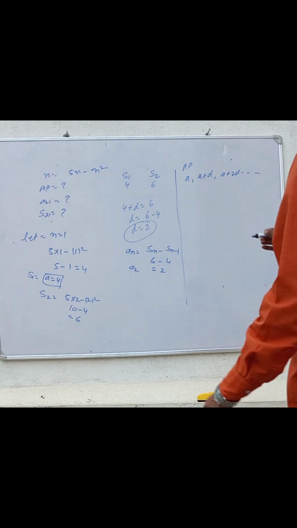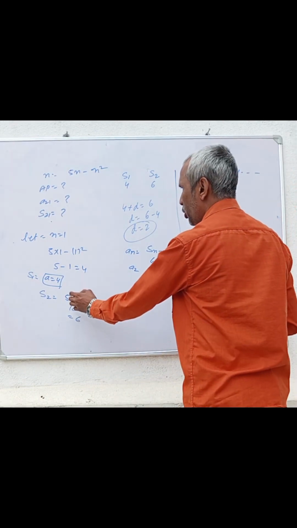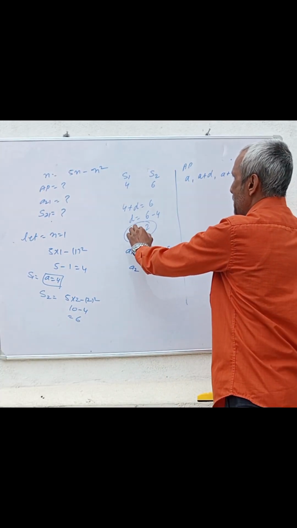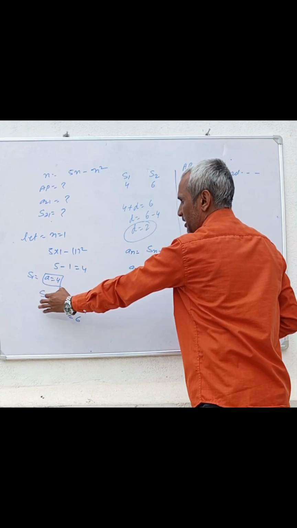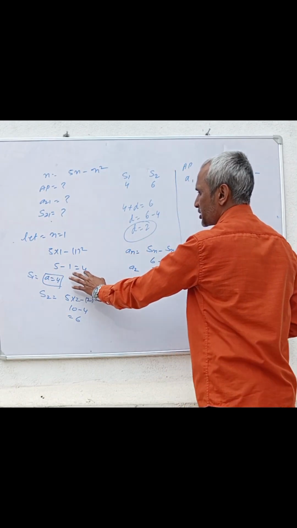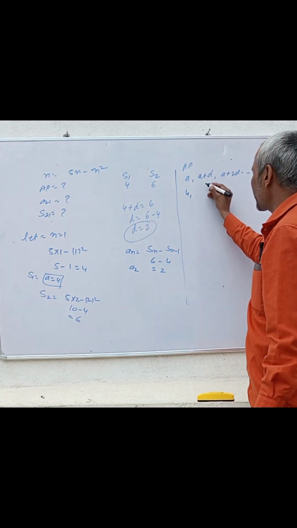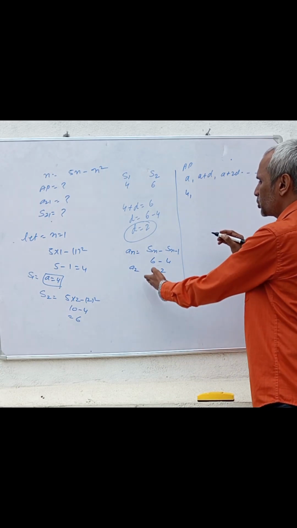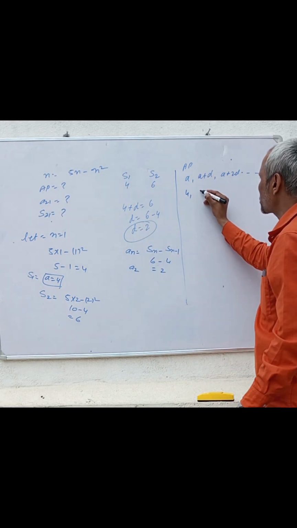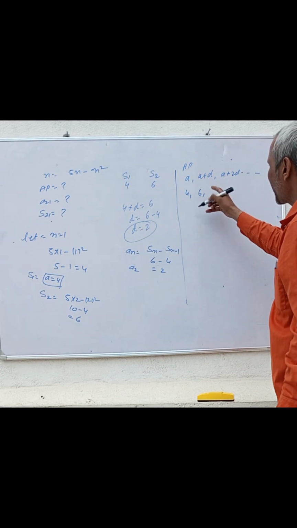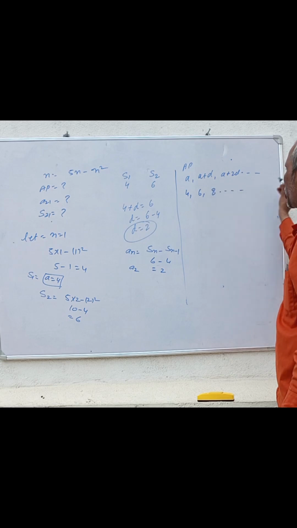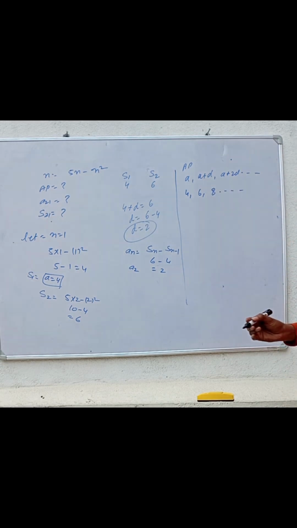For the AP, A we already got, A is equal to the first term, which is 4. Second term A2 is equal to 2 only, that is D. So 4 plus 2 is equal to 6. Again adding, it becomes 8 and so on. This becomes the AP.